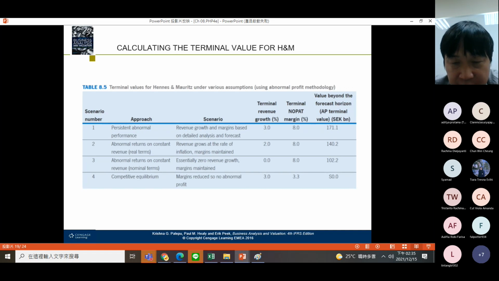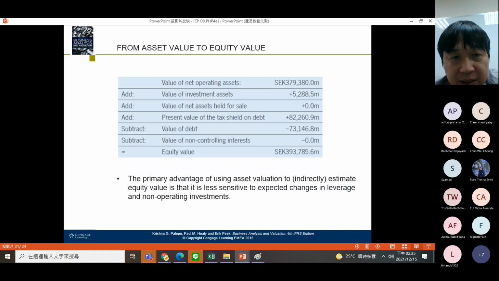You have this useful valuation summary: value of net operating assets, plus the value of investment assets, plus the present value of tax shares and debt, minus the value of debt, minus the value of non-controlling interest, equals equity value.